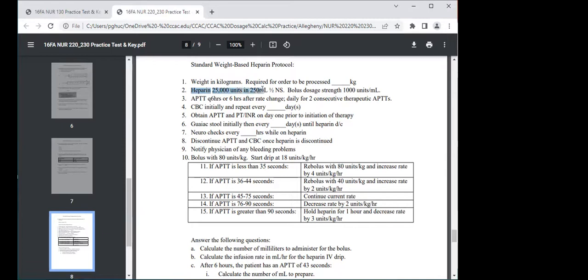We have 25,000 units and 250 milliliters half normal saline. So that's going to be relative to the infusion. And then it says we have a bolus dosage strength of 1,000 units per milliliter. That bolus dosage strength is what you need in order to solve this problem.